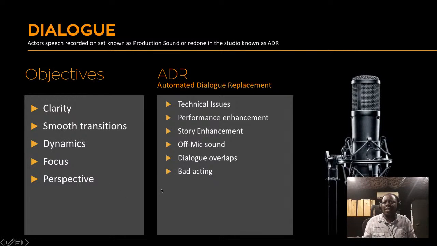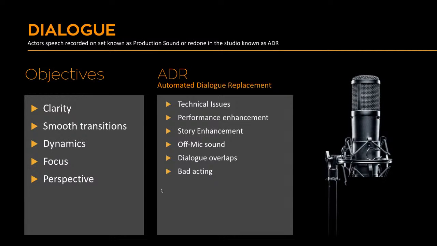Sometimes you have bad acting, not in this case, but sometimes the actor really acts badly, they don't bring out their lines well, so the director decides to do ADR to cover up those gaps. Sometimes there are additional lines that the director would want to put, and that's why we would then use ADR.